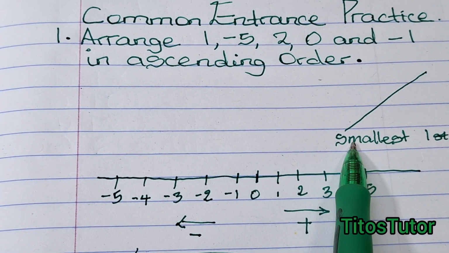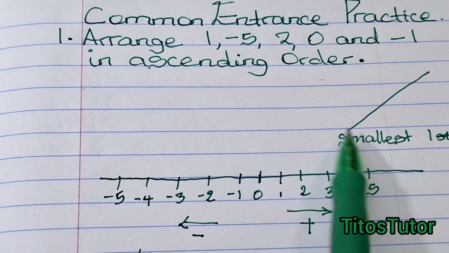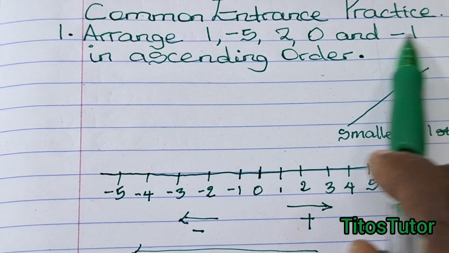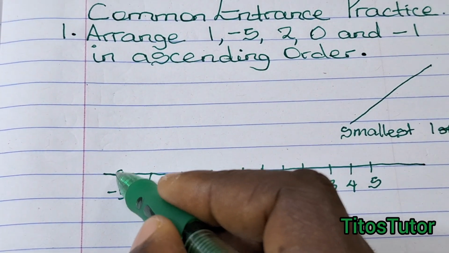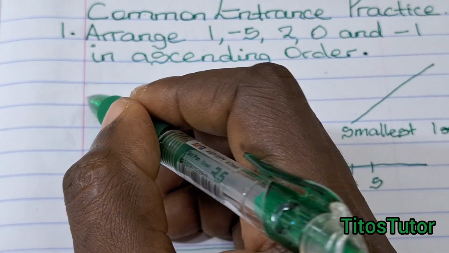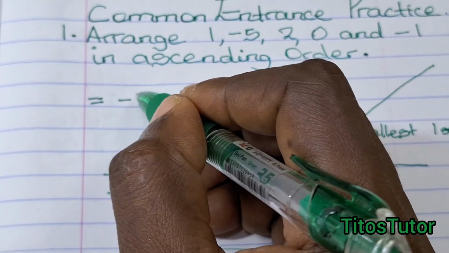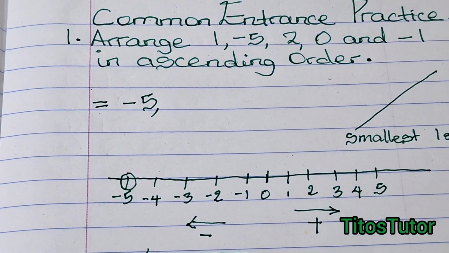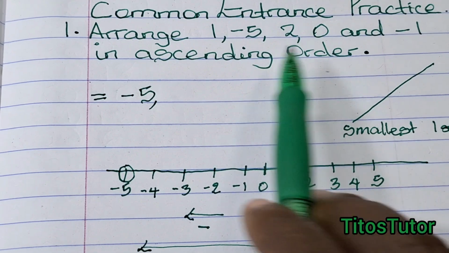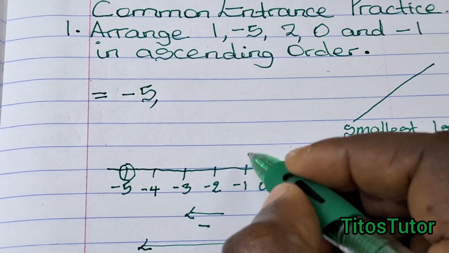So my smallest numbers are to my left. Because I'm starting with smallest first, I go here and check. The smallest number here is -5, which is this. So I start arranging from -5, comma. Then I go again. -1 is next.